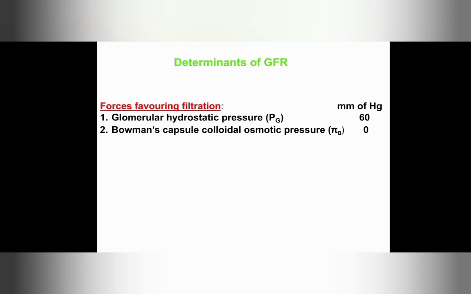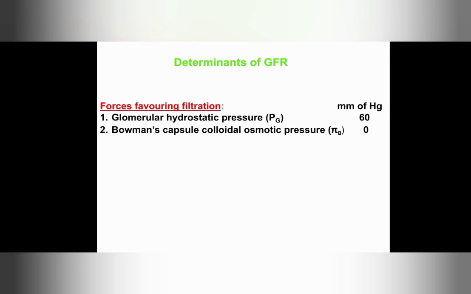What are the forces which favor the filtration? One is the glomerular hydrostatic pressure. Second one is the Bowman's capsule colloidal osmotic pressure. The glomerular hydrostatic pressure is denoted by PG, and its amount is 60 mm of mercury.